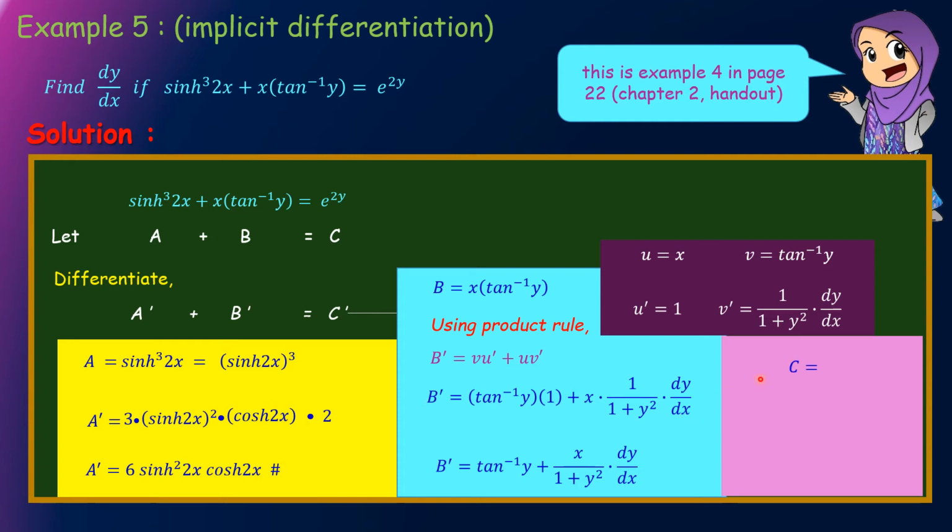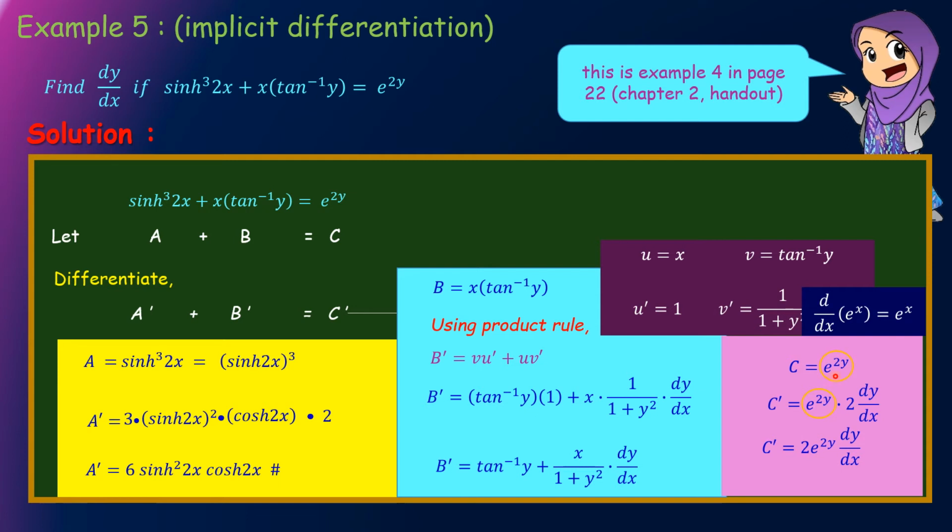And then we need to find c prime. Our c is e to 2y. To differentiate c, the symbol is c prime. We differentiate e to 2y, and we have e to 2y times 2 dy over dx. Then we simplify the answer, so we can put the constant in front.